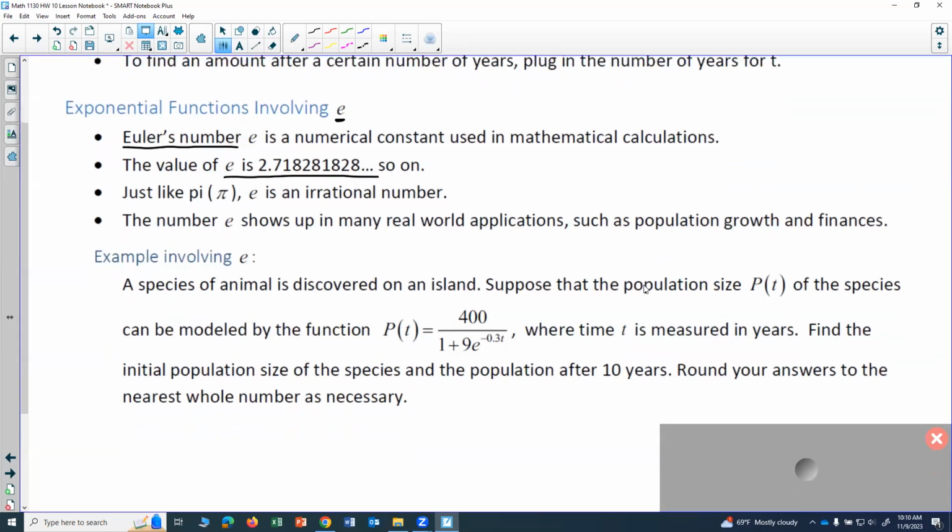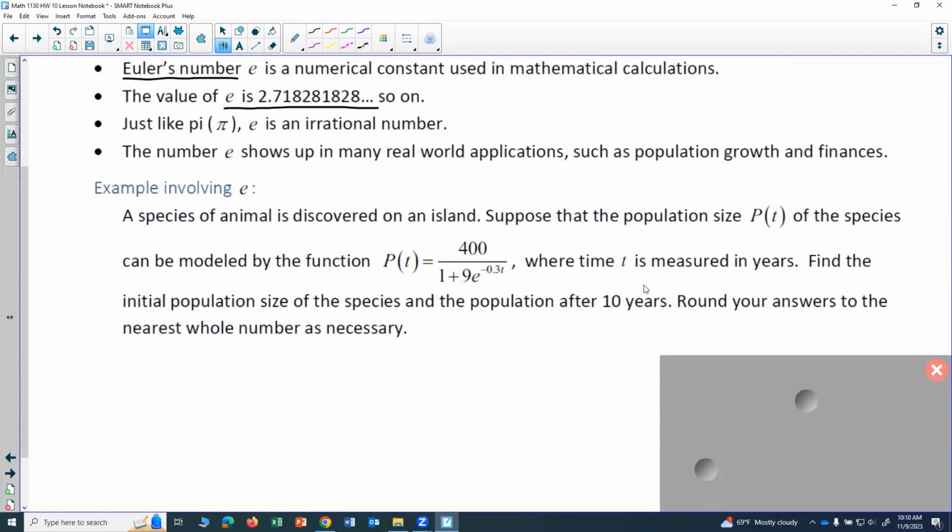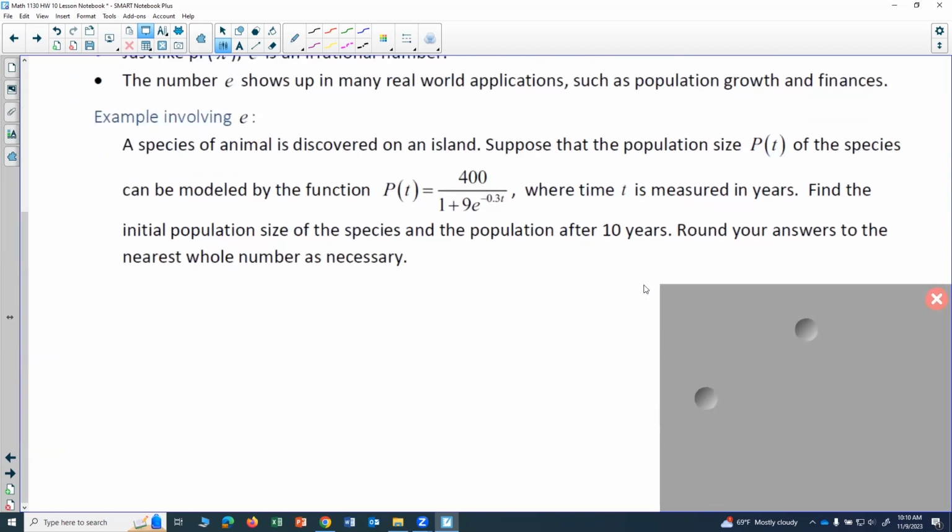So let's do an example here. A species of animal is discovered on an island. Suppose that the population size, p of t, of the species can be modeled by the function p of t equals 400 over the quantity 1 plus 9e to the negative 0.3t, where t is measured in years.